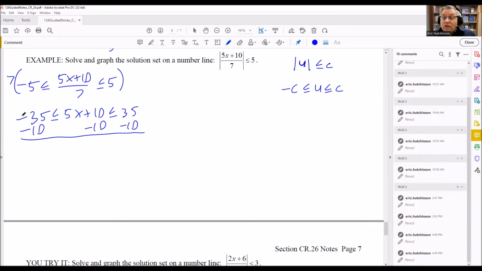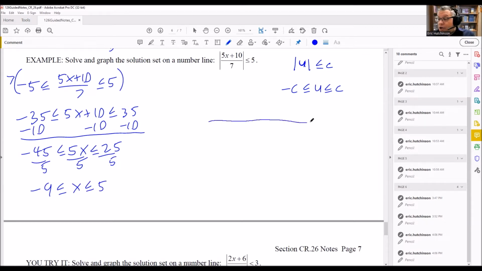If you simplify it, you get negative 45 less than or equal to 5x less than or equal to 25. We're not done yet because we still have to get x by itself, so we have to divide everything by 5. You get negative 9 less than or equal to x less than or equal to 5. That's going to be our answer as an inequality.